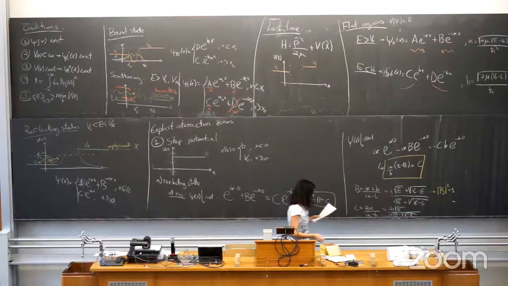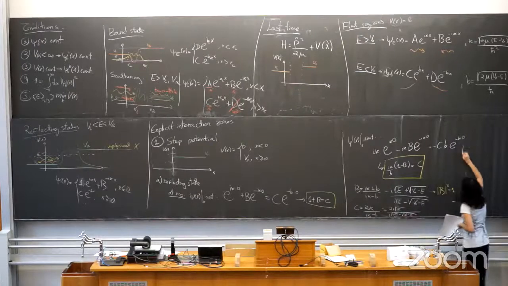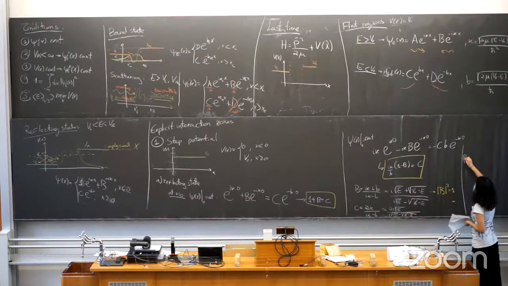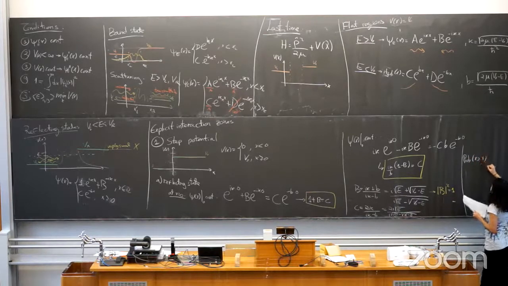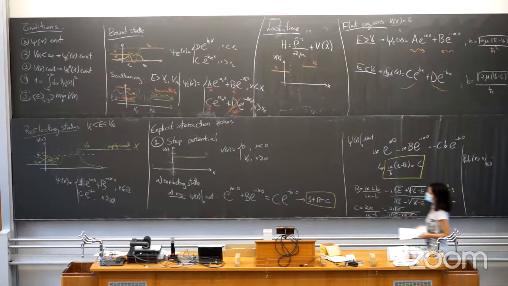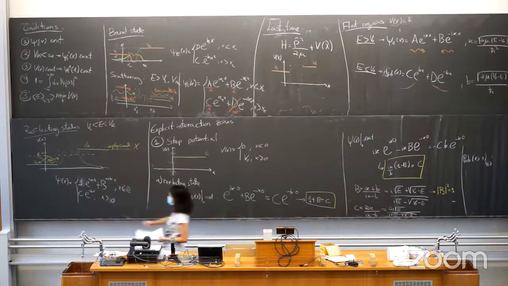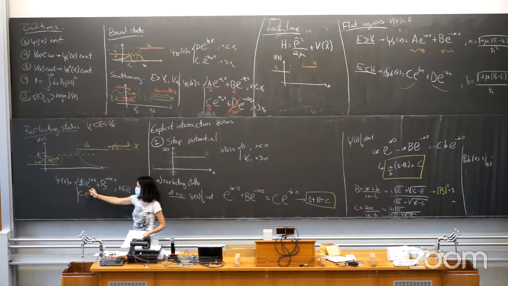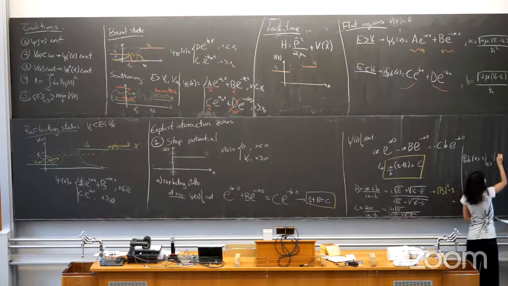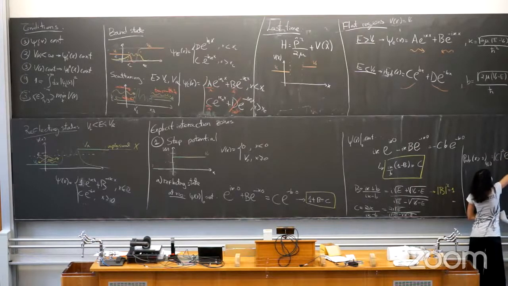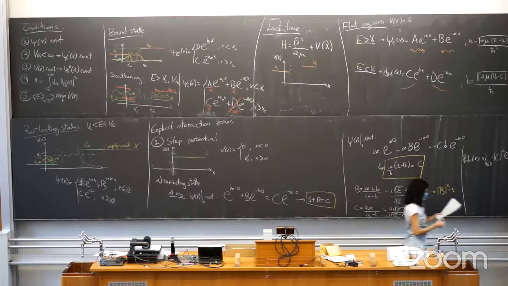And another thing you can see is, what's the probability of finding the particle at some x larger than 0? Well, we take the wave function here. So it's C, and now it's squared. So we get C squared e to the minus bx times 2, from the square. So we can see already that it decreases exponentially.